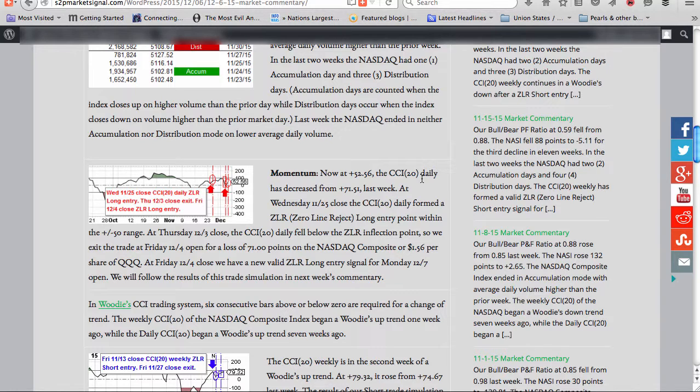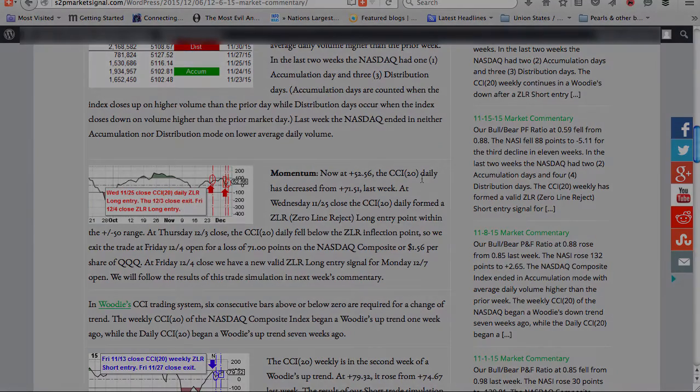At Thursday 12:03 close, the CCI 20 daily fell below the zero-line reject inflection point, so we exit the trade at Friday 11:24 open for a loss of 71 points on the Nasdaq Composite, or $1.56 per share of QQQ. At Friday 12:04 close, we have a new valid zero-line reject long entry signal for Monday 12:07 open. We will follow the results of this trade simulation in next week's commentary.